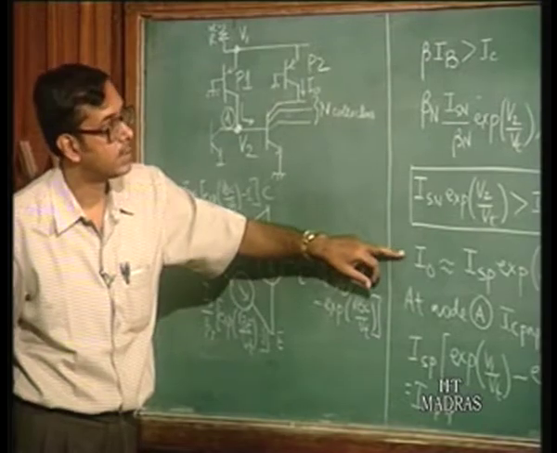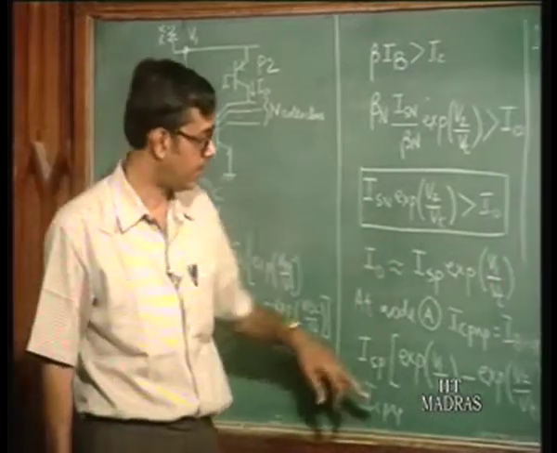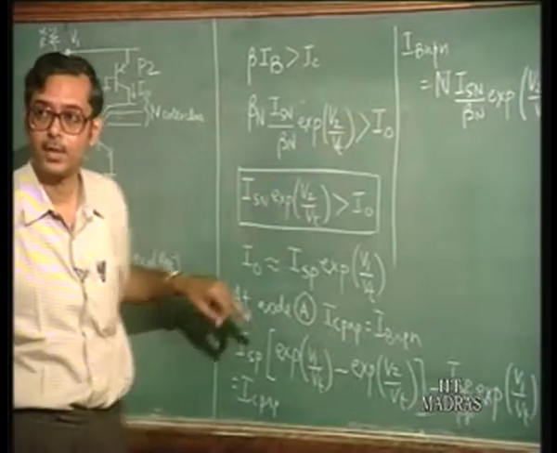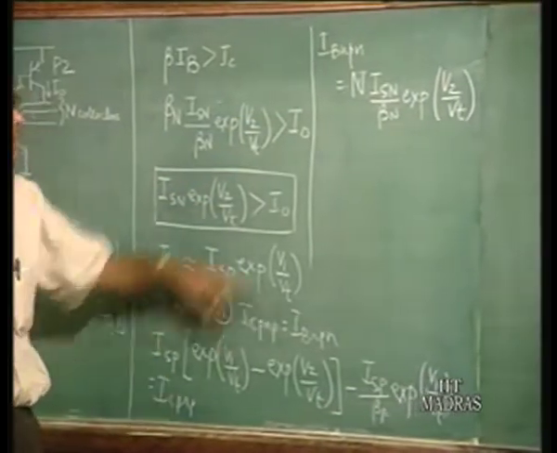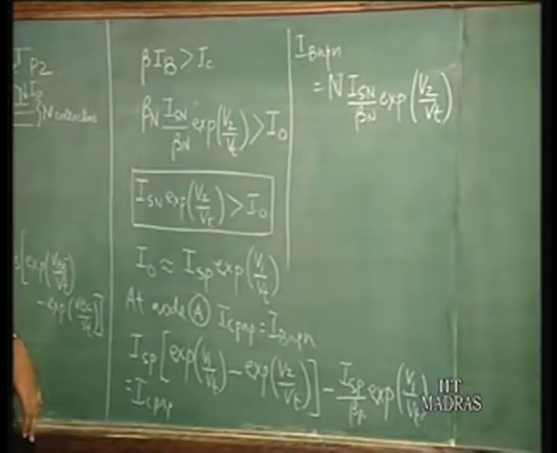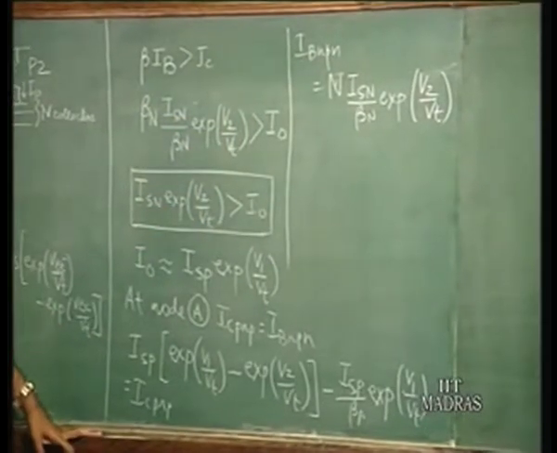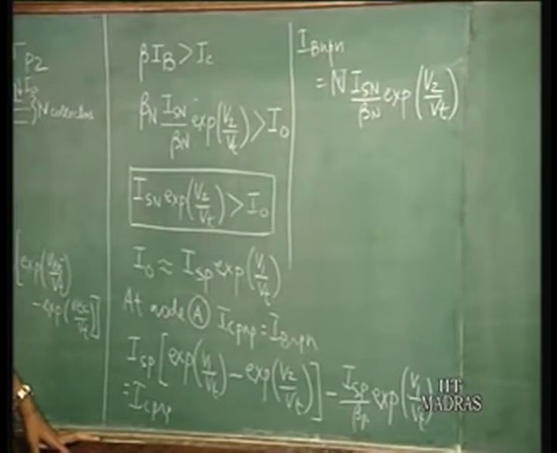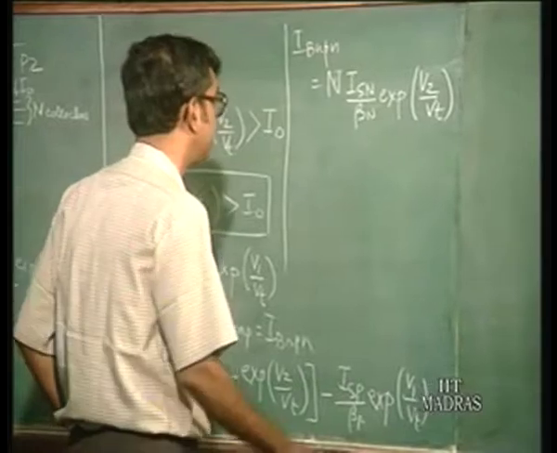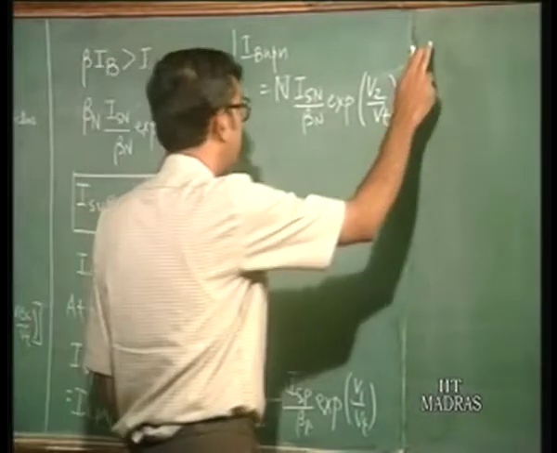So what do we get now? We have to equate these two equations, the ICPNP with IBNPN, and then we get the condition for saturation. Once we equate that, you can write it this way. I will write the equation.